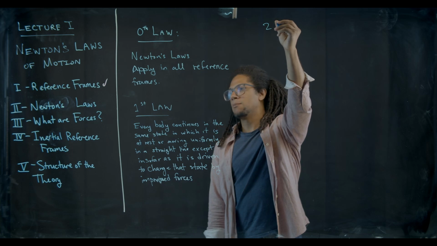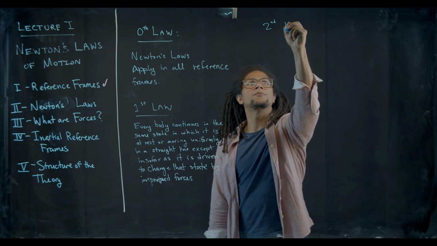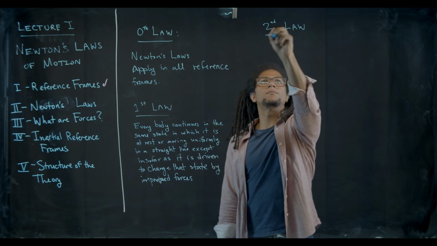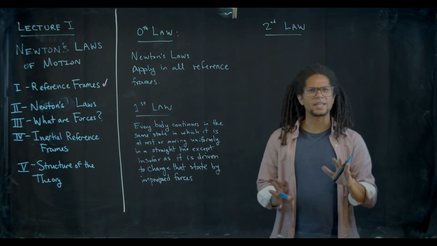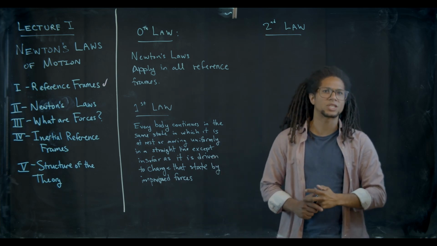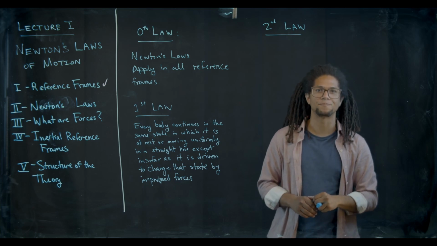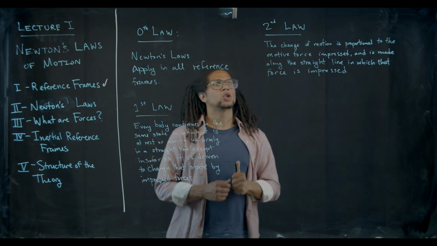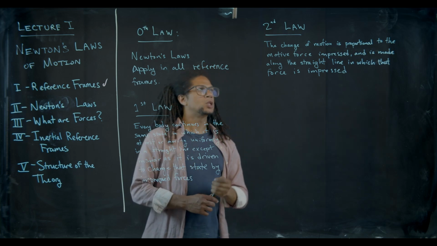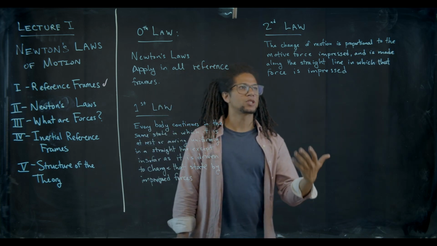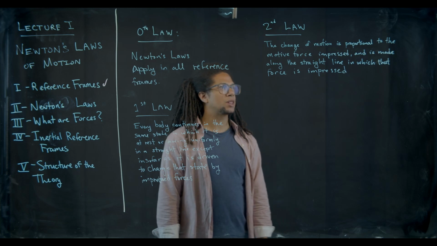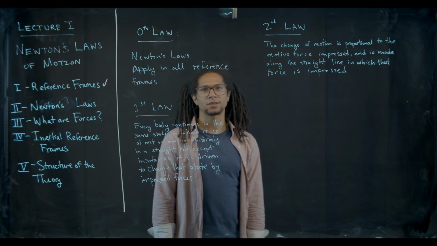I think this one is maybe the most straightforward. Now, I'm going to write down Newton's translation, but then we'll discuss why I think that we still should give it a little bit of an update. So here's a direct translation of the second law. The change of motion is proportional to the motive force impressed and is made along the straight line in which that force is impressed.